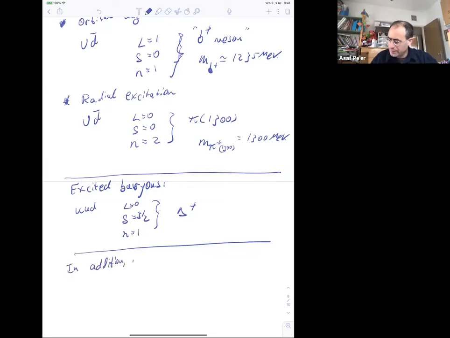Not only from excited states of the lightest baryons, but also from heavier quarks.